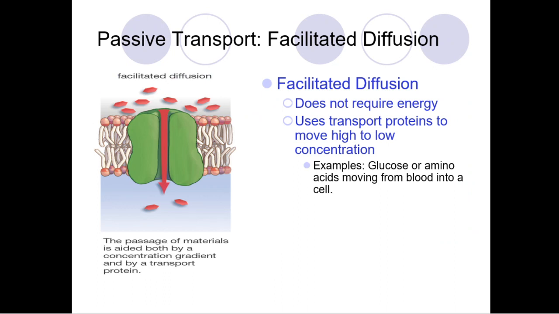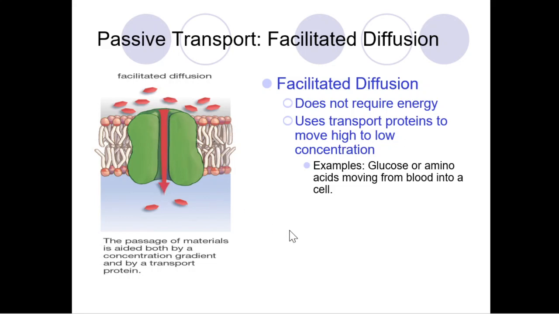Facilitated diffusion is another form of passive transport which requires no energy, but we call it facilitated because something facilitates the diffusion. Something helps it happen. So it does not require energy, but it uses transport proteins, and you don't have to know what those are, but they are just proteins in your cell membranes to move from a high to a low.